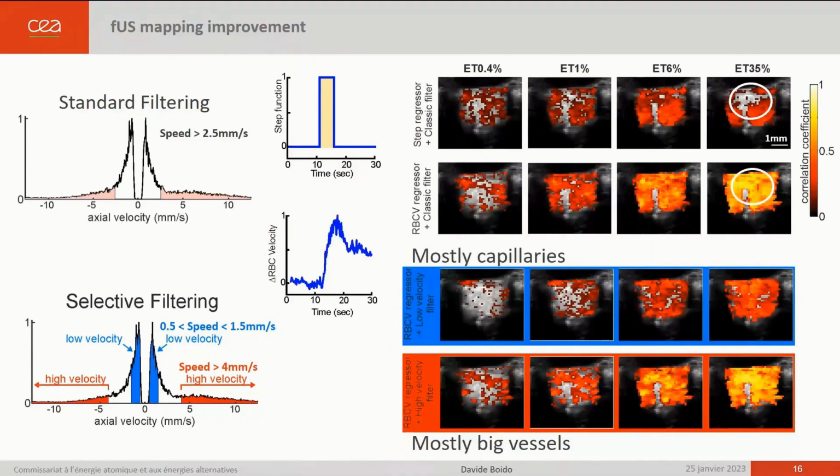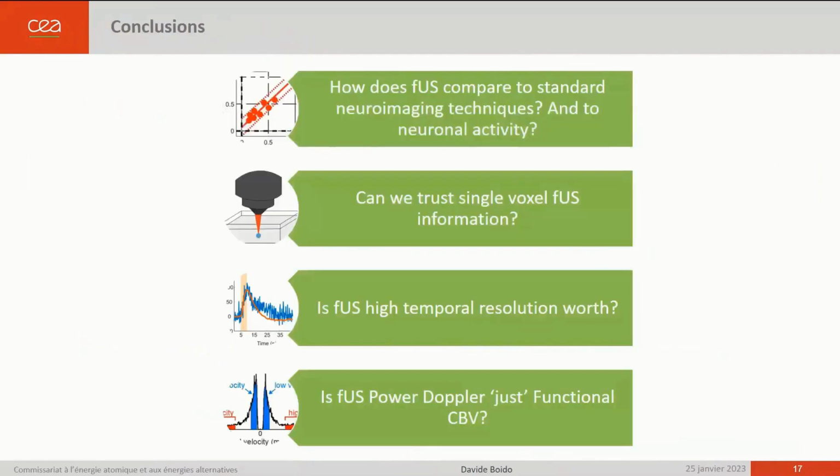These 2 patterns, although sharing the same trend, do not perfectly overlap. This is to say that if we carefully filter the power Doppler signal, we can weight the functional CBV more on high or low blood flow vessels, paying attention anyway to the previously mentioned anisotropic feature of the power Doppler.